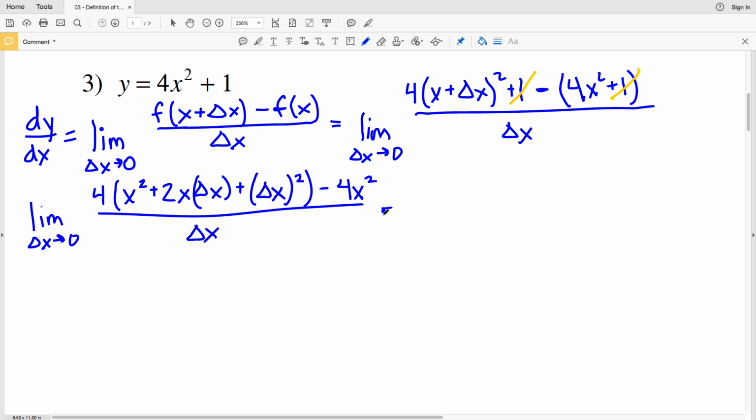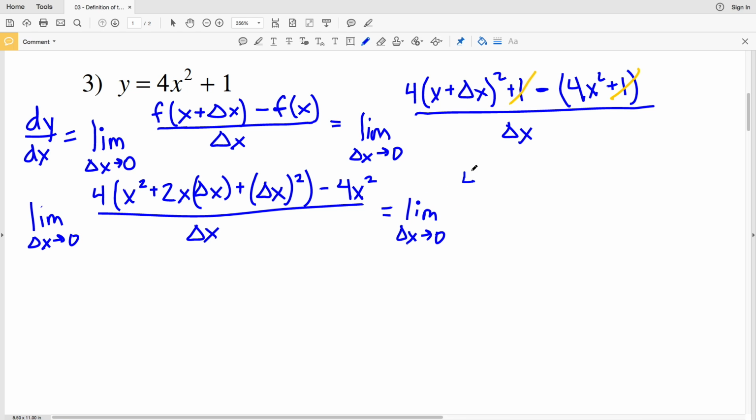So that's going to equal the limit as delta x approaches 0 of, I'm going to distribute the 4 to x squared, 2x delta x, and delta x squared.